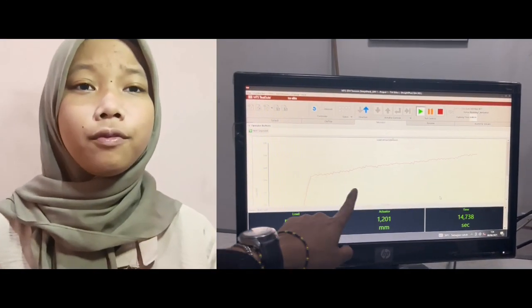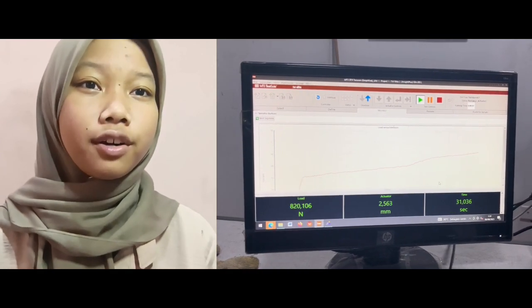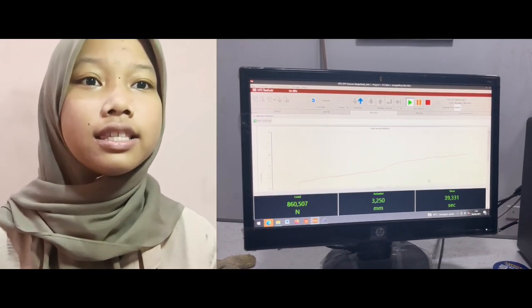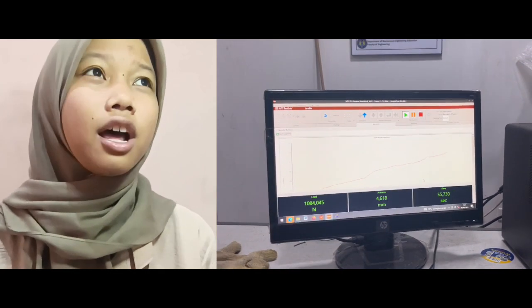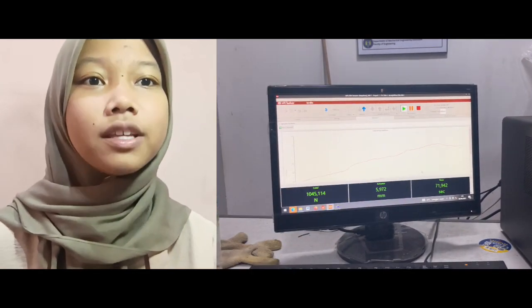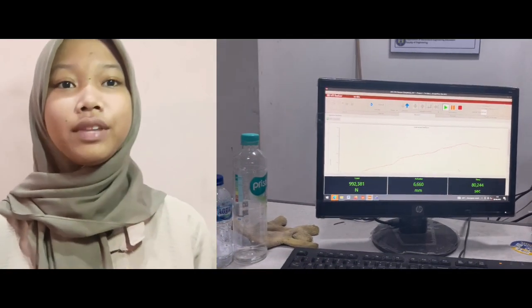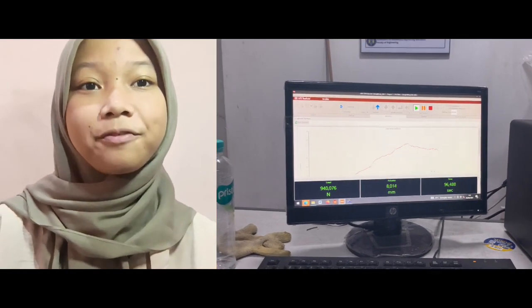Now, for the result and graph, the output is a curve of load on the y-axis versus extension on the x-axis. Extension or actuator displacement, or stress-strain if the software converts the data. Each material has its own characteristic curve.